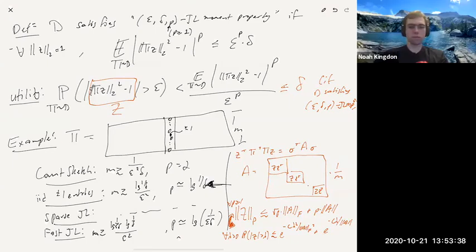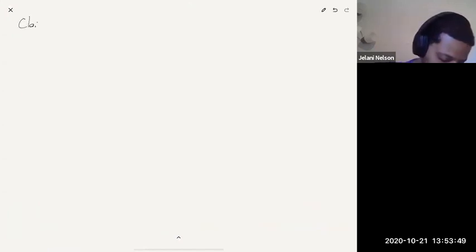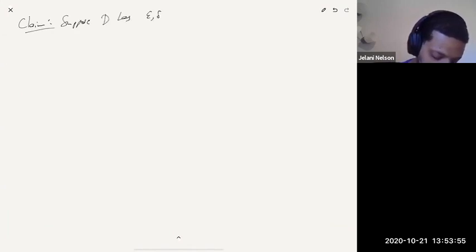Okay. So now that we've introduced this concept, first let me talk about how to use it for dot products. Suppose D has the epsilon delta p JL moment property.